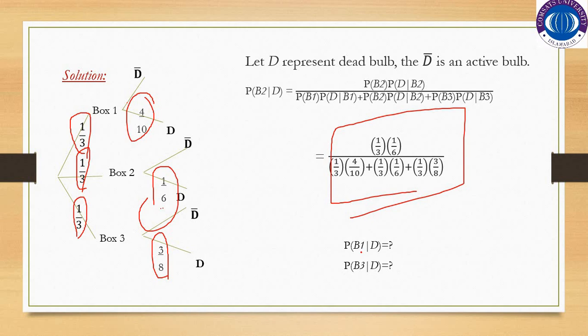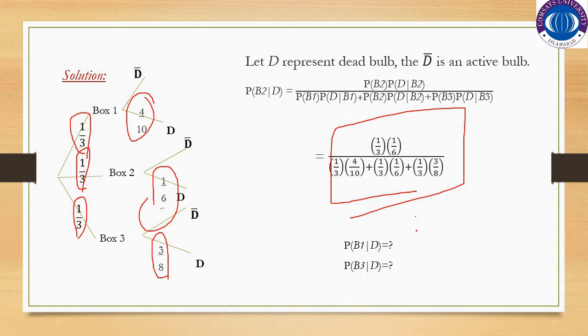Similarly, you can find out the probability of B1 given D, that is the bulb is coming from box 1 given that the bulb is the dead bulb, or also you can find out that the bulb is coming from box 3 given that the bulb is the dead bulb by applying the same Bayes theorem.